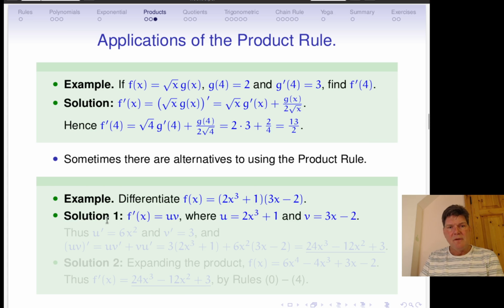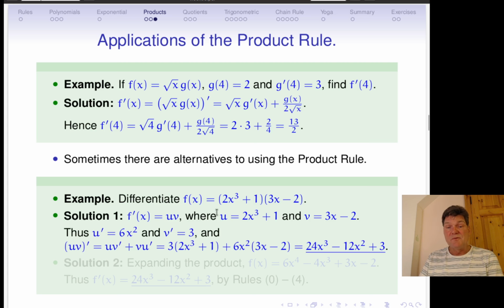First solution: f of x is a product of a u term and a v term, where u is 2x cubed plus 1 and v is 3x minus 2. The derivative of u, and that's a polynomial, is 6x squared, by using our rules for computing derivatives of polynomials.